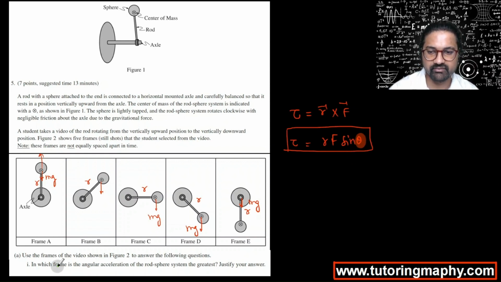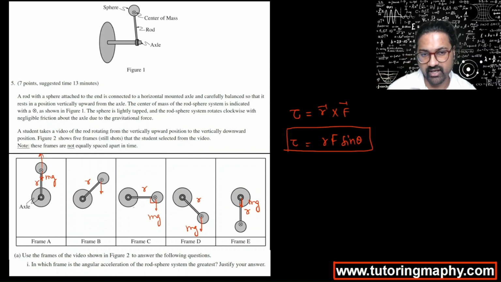And we want to maximize the angular acceleration. So in other words, obviously we want to maximize the torque, because the more the torque, the more the alpha, because the mass is anyway not changing. And what is the maximum angle here? It's pretty intuitive. It's 90 degrees right over here. Otherwise, other angles are either acute or obtuse. It doesn't really matter, because sine is maximum when the angle is 90 degrees.